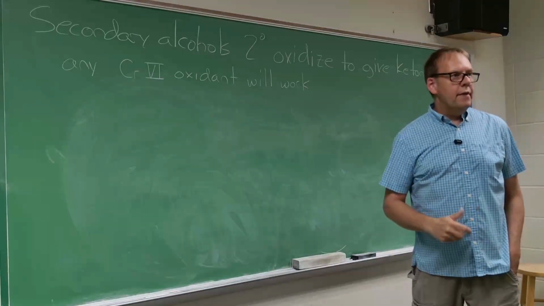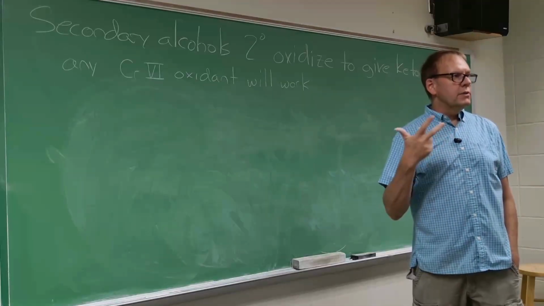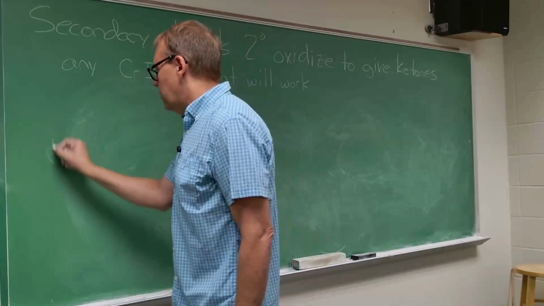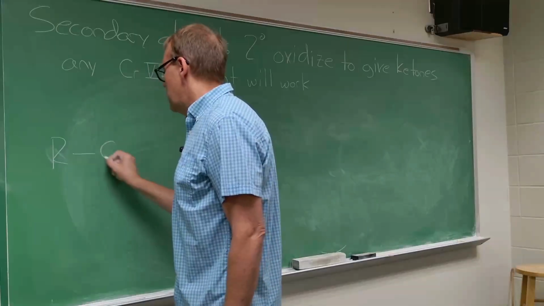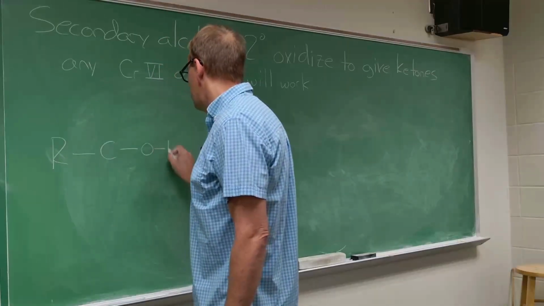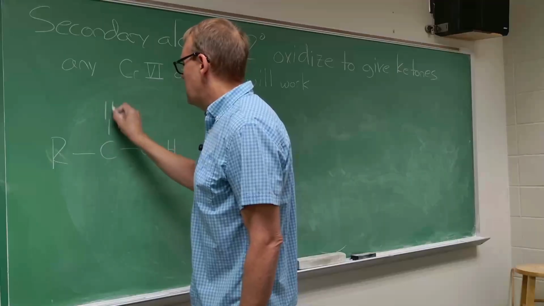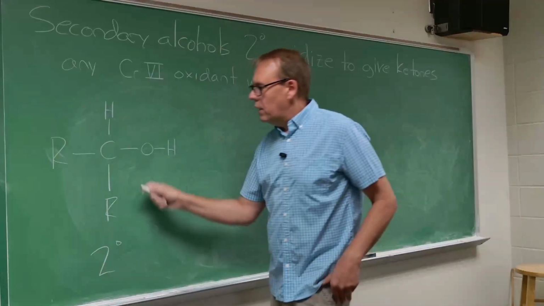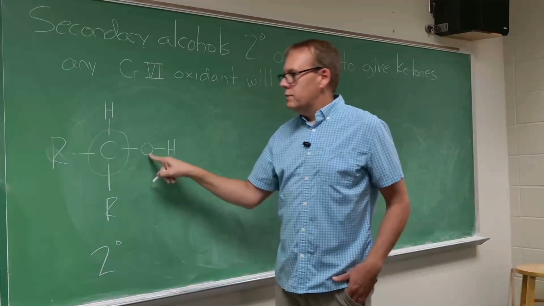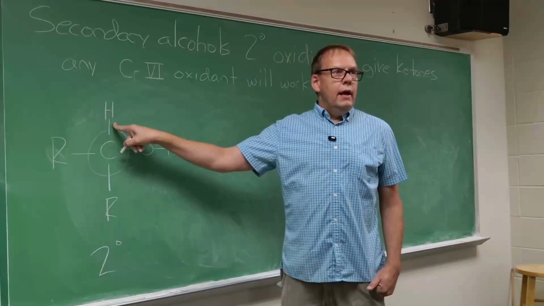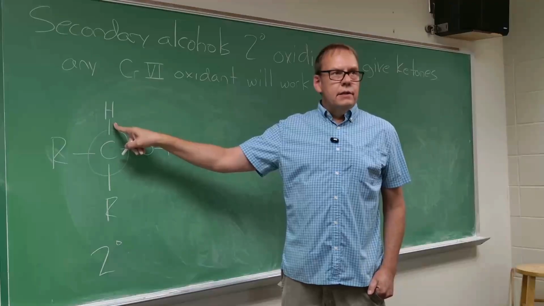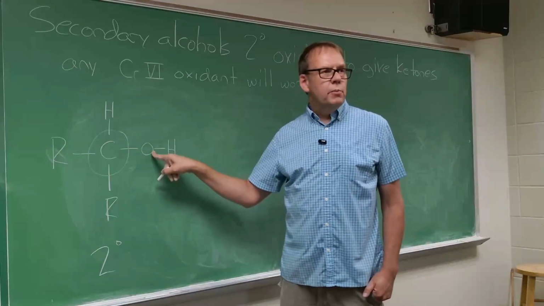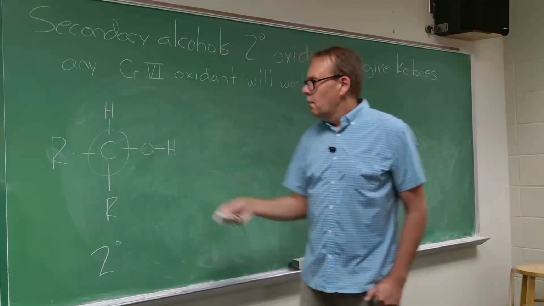And the chapter and the table list 3 different chromium-6 oxidants. I'm going to draw a secondary alcohol here, and then we'll talk about the products that you can get out of it. So this is a secondary alcohol because the carbon that has the OH bond has just one H. And what happens with any of these chromium-6 oxidants is it steals away that one H, and then you get a carbon-oxygen double bond here, and that's a ketone.